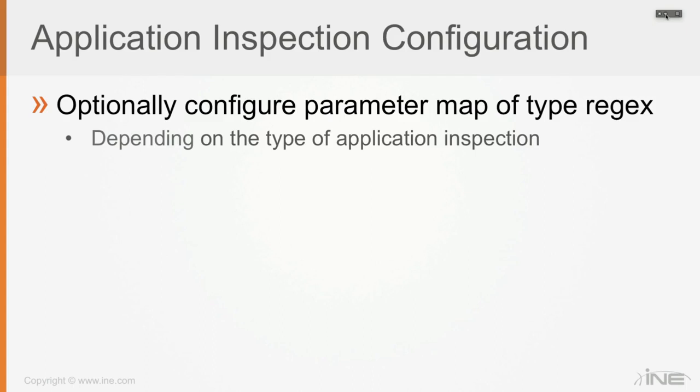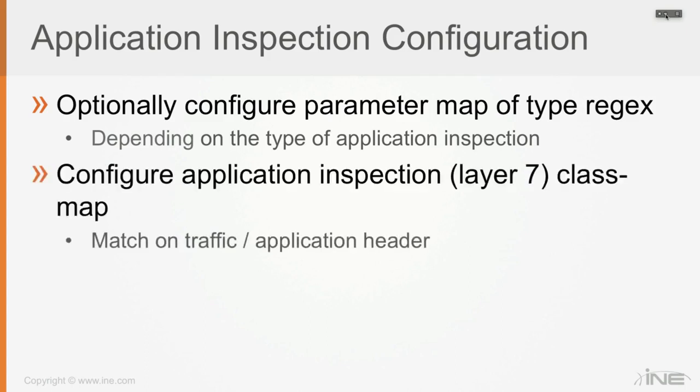What that parameter map does is allow you to granularly match on some portions of the application header, because we know what a regex means. We're going to see that in a couple of examples as well. So depending on which inspections you want to perform for specific applications, you may or may not need to configure a parameter map of type regex.